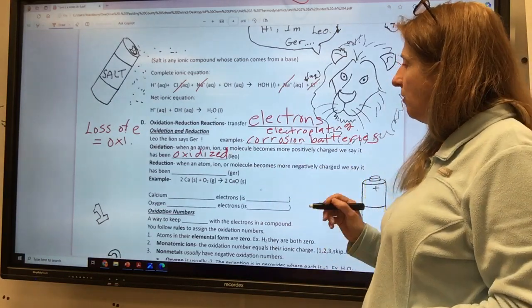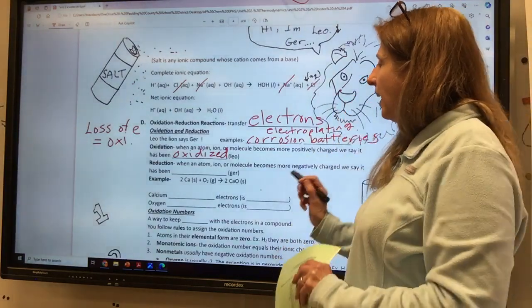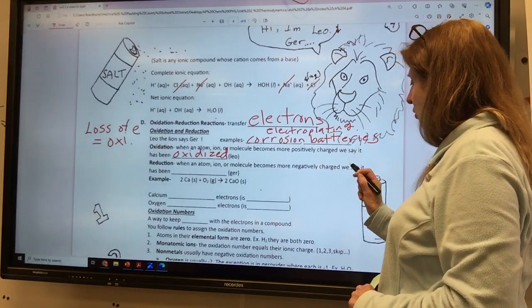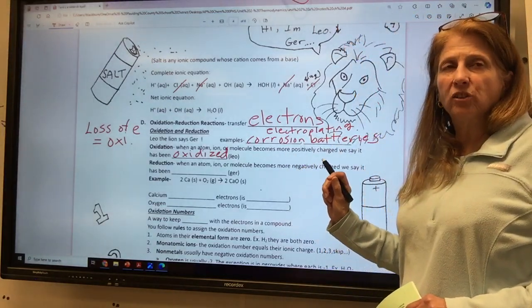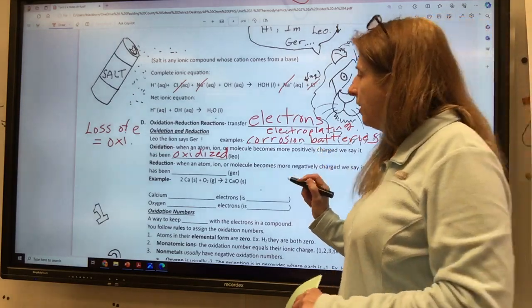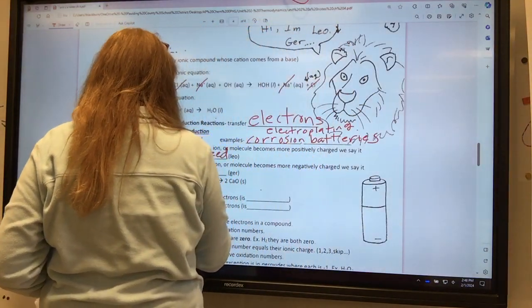Okay? So now, this is where it gets a little iffy, but you can do it. Okay? When an atom, ion, or molecule becomes more negatively charged, so how does it become more negatively charged? It gains electrons, right? Then we say it has been reduced.